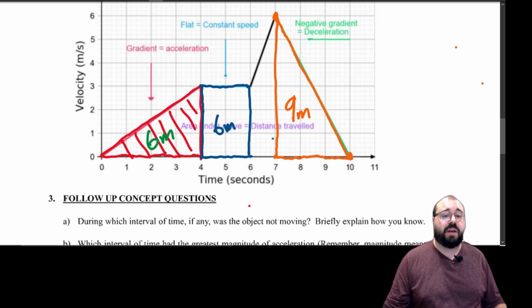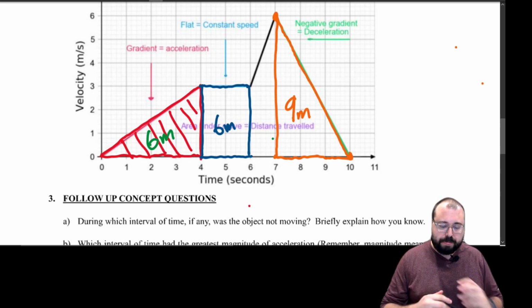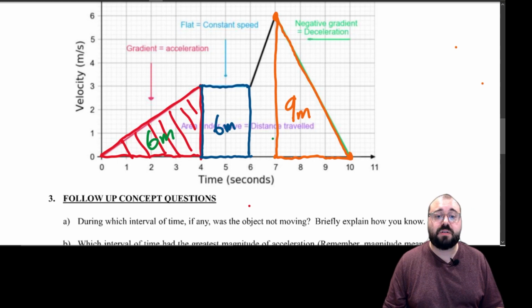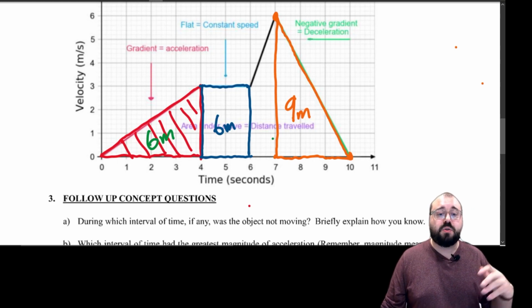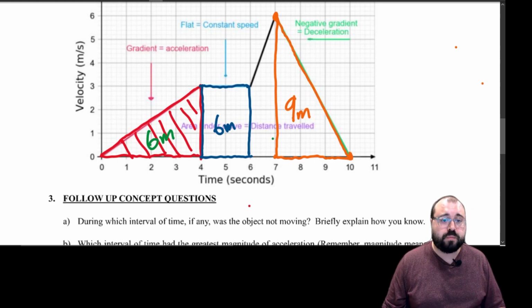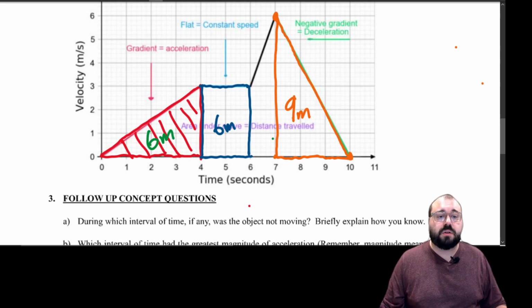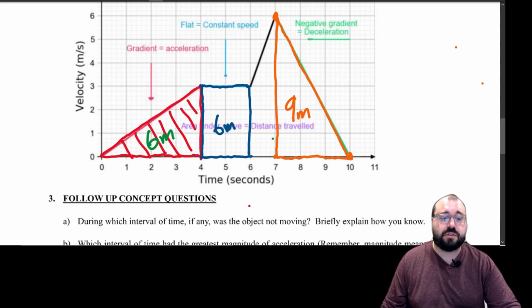So at no point were we moving backwards. The velocity of the car the entire time is positive. Therefore, we were always moving forward. Okay? So any way you want to look at it, all of those ways are ways of justifying your answer to this question.